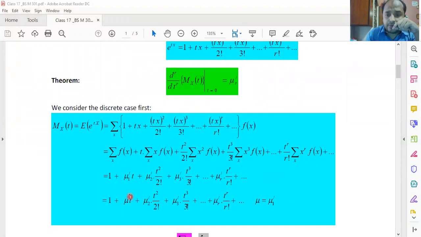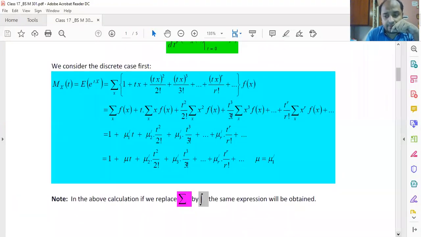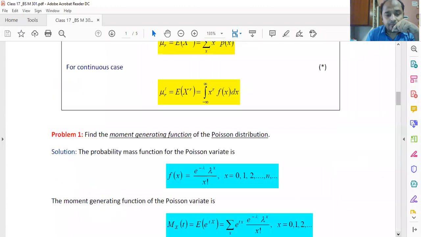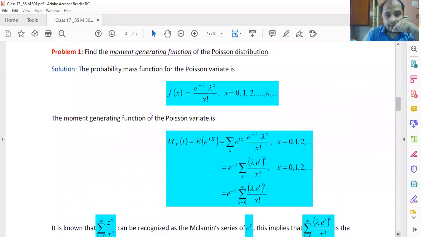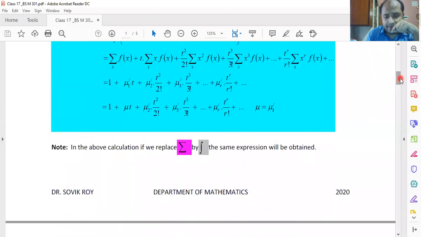And also you know that mu is equal to mu1 prime. How do I know this? I have written it here somewhere, probably below. Let me finish this particular section first. This mu equals mu1 prime means, if you go through the notes of class 6, you will find that mu1 prime is the first moment about origin, and first moment about origin is summation x into f(x).